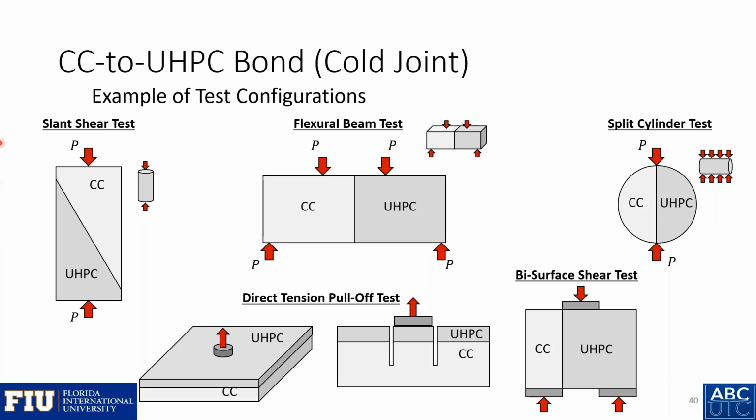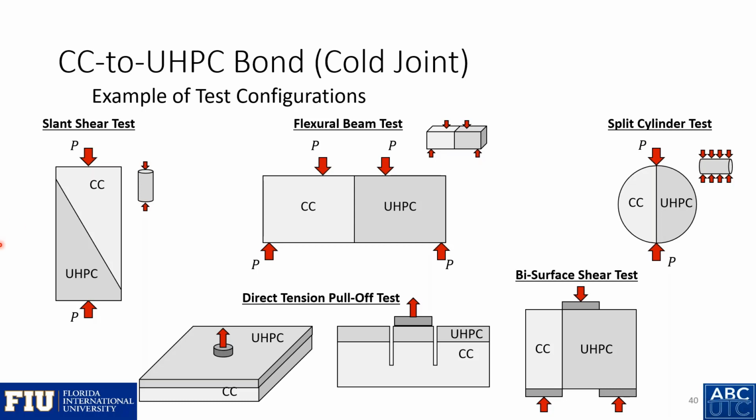In terms of cold joints, as I mentioned earlier, most of the applications right now for UHPCs and non-proprietary UHPCs are in joints. The joints are typically between conventional concrete precast elements. So the bond strength of UHPC to a precast conventional concrete element is important. With these tests, you typically want to see the failure not necessarily at the joint, but in the conventional concrete component.